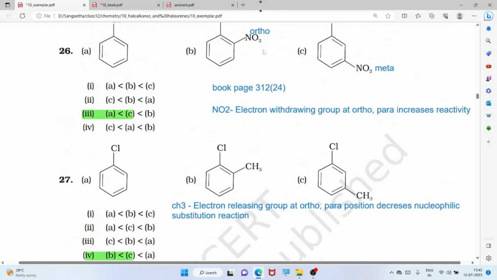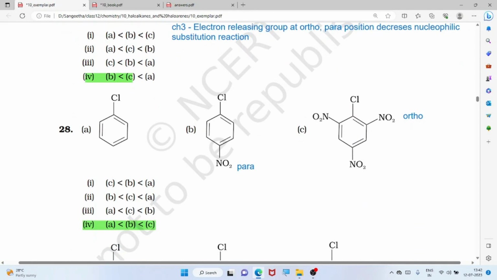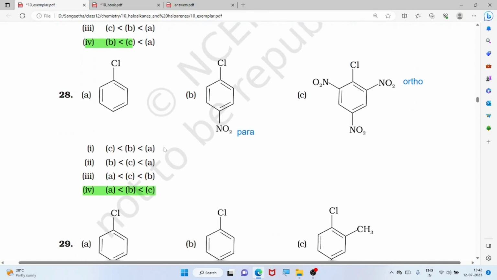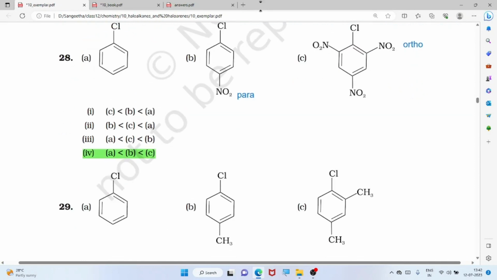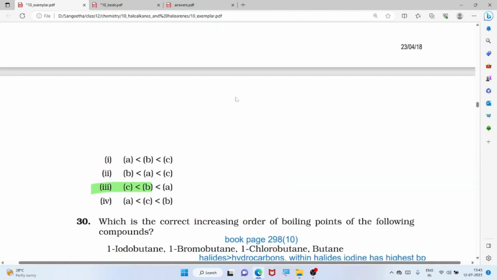So this is opposite to this. This is the electron withdrawing group, then the electron releasing group. So this is having more reactivity than this and then this.